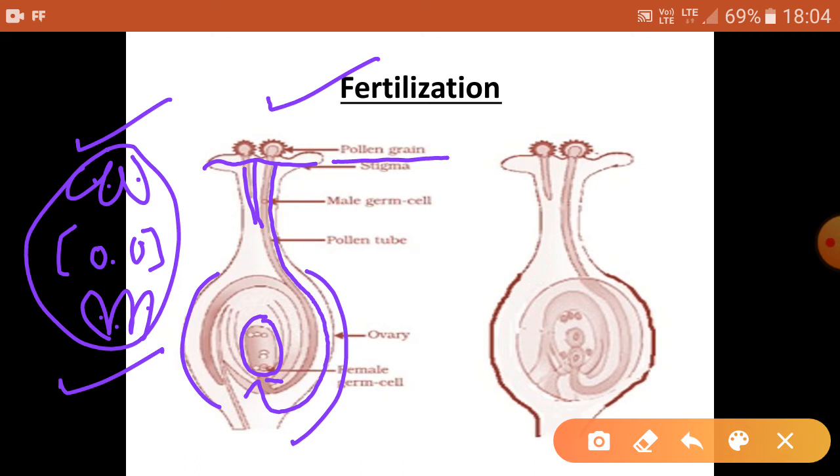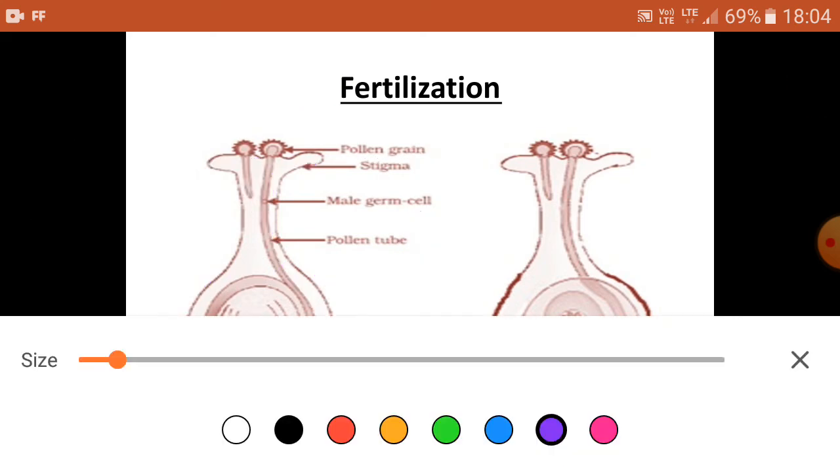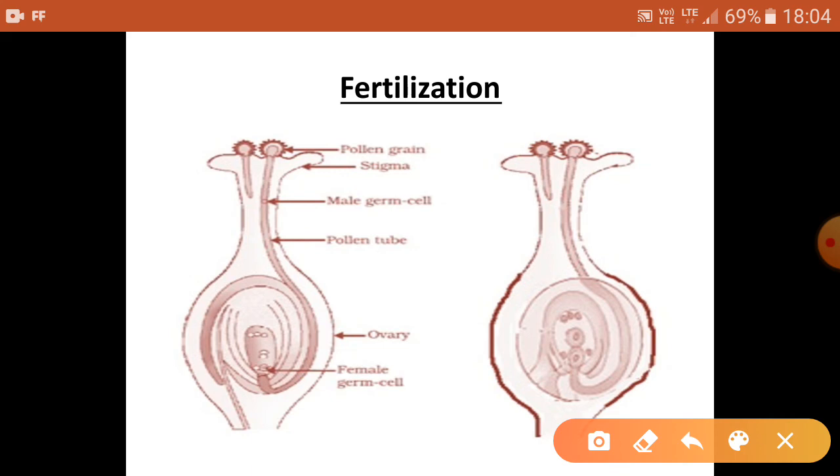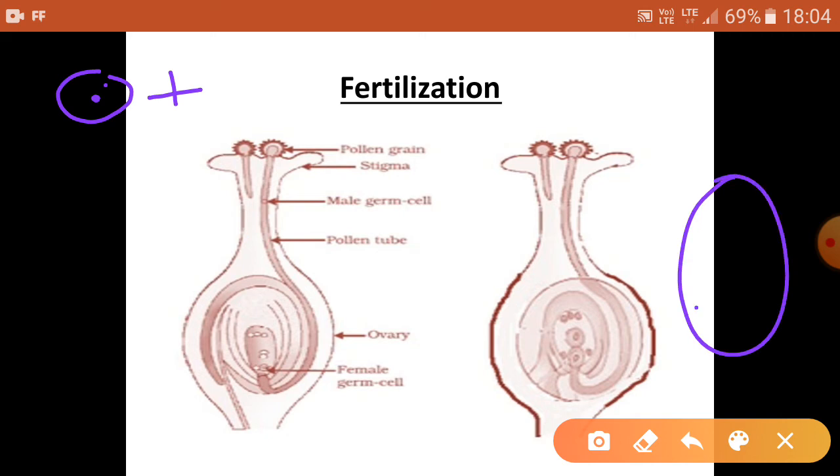Now, what happens when the pollen tube starts germinating is that it extends towards the ovule. You know that the pollen grain has 2 nuclei, and these 2 nuclei act as male gametes. So, inside one pollen grain there are 2 male gametes. One of the male gametes will get combined with the egg cell, which is present here in the ovule.